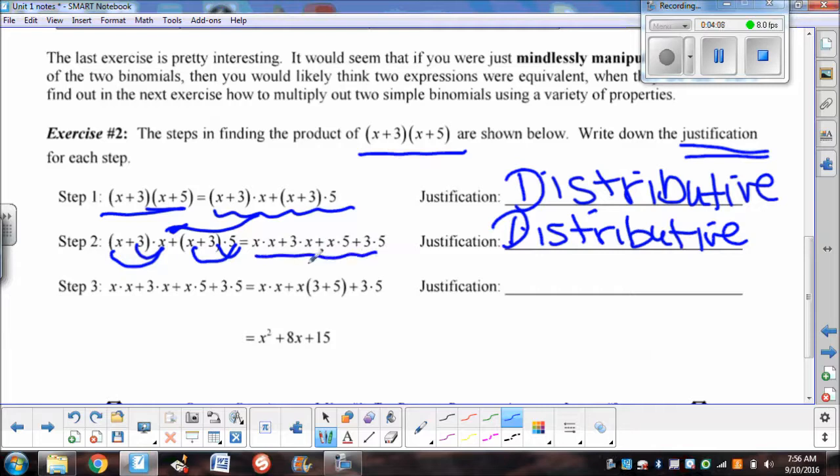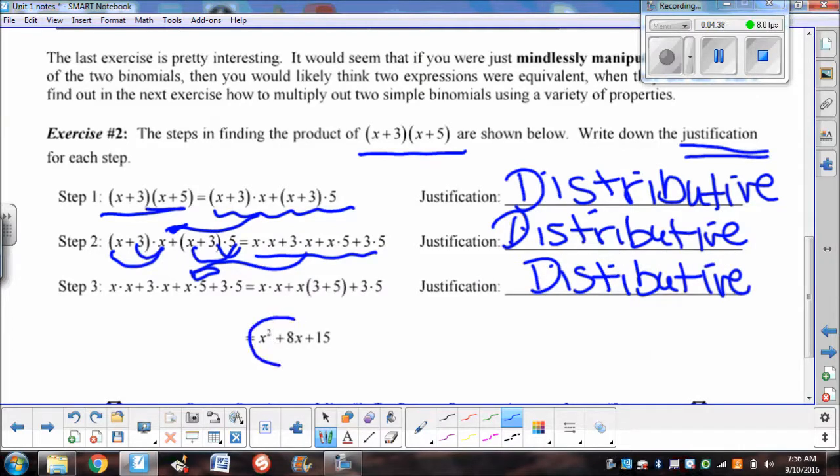Then remember, this just gets rewritten down here. And what happened here? We end up with the same expression. Now what was done? We have x times x plus x times 3 plus 5 times x plus 3 times 5. Again, we just have another look at the distributive property.